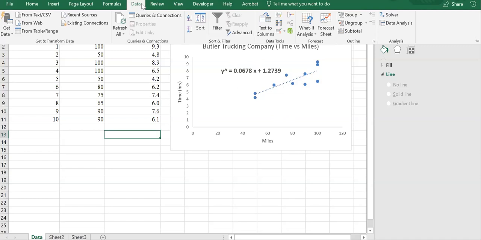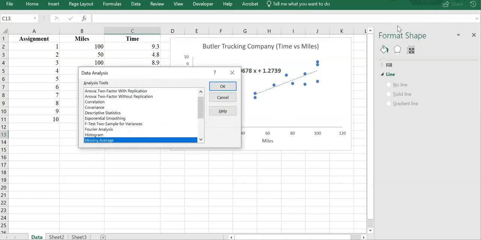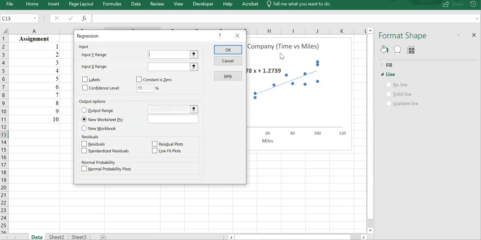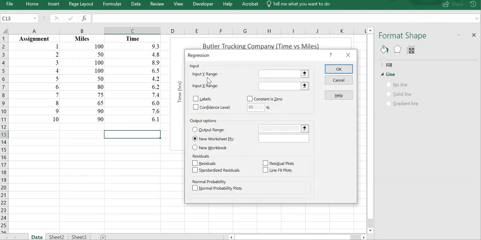For getting the equation using the Data Analysis Toolpak, you need to go to the Data tab, Data Analysis, and then call the regression tool.